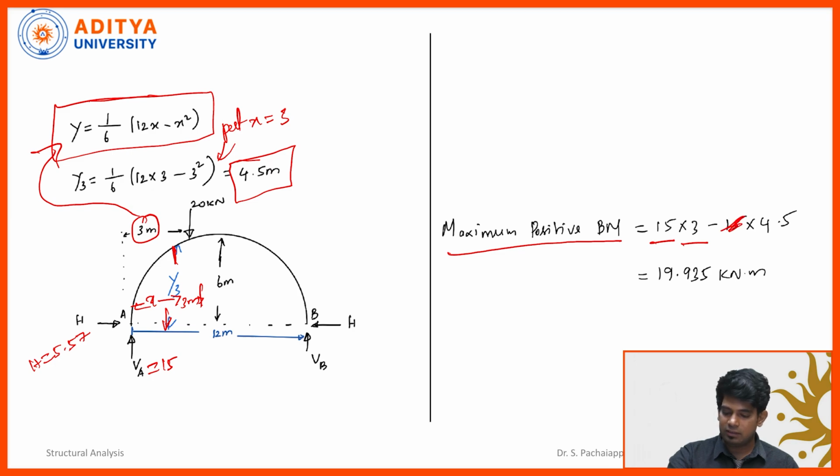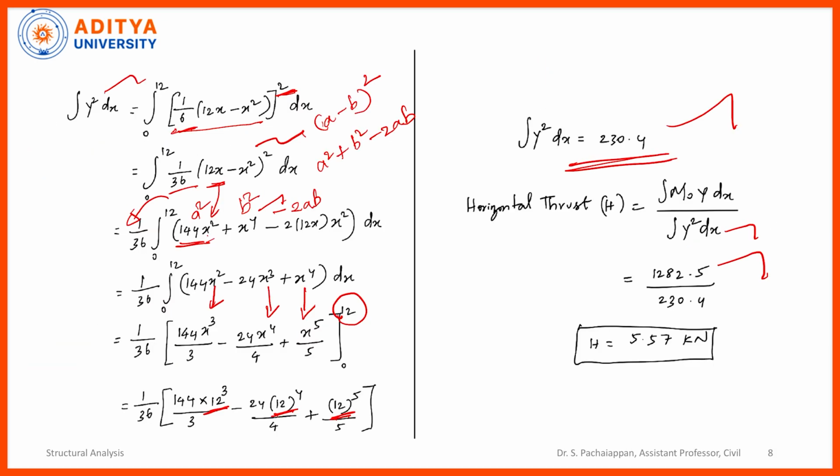So this is not 15, this is 5.57. Okay. So what I am doing here, the vertical force is 15 and the linear distance is 3 meter. So we got 15 into 3. And then the load acting in the downward direction, we are not going to consider that because the load is acting exactly at the XX section. So when we are taking moment, that particular location we are not going to consider.